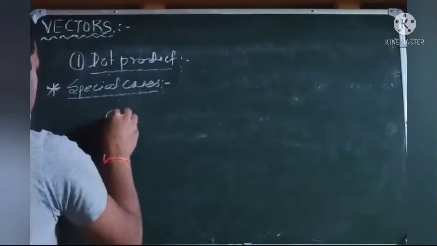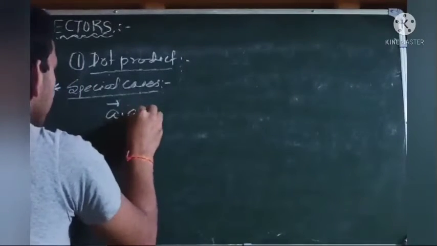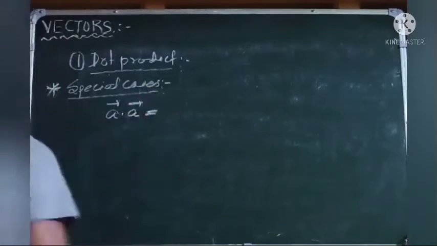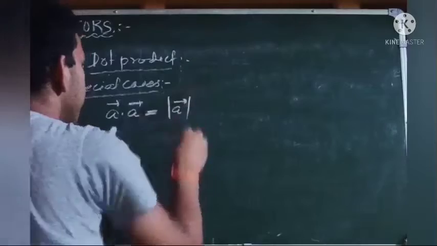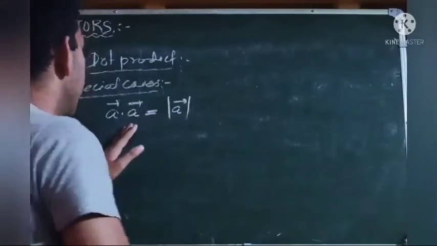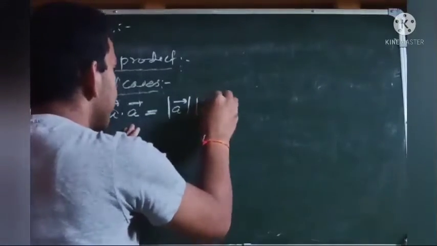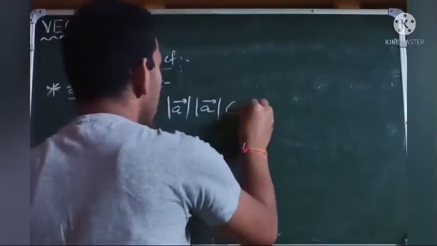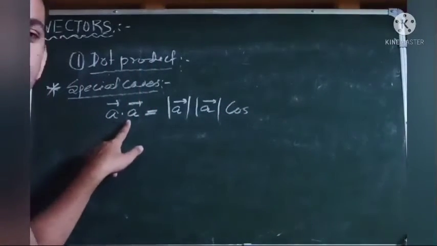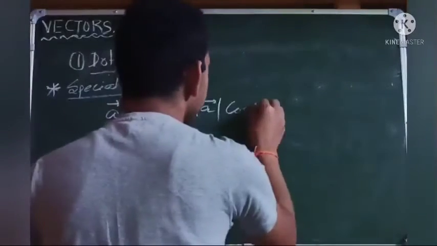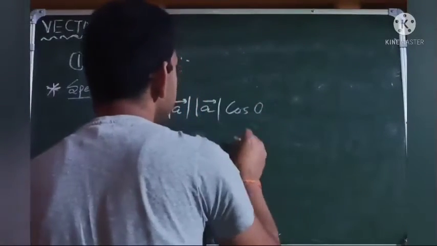That means a vector dotted with a vector. By definition, we get mod of a multiplied with mod of a multiplied with cos of the angle between the two vectors. The angle between a vector and a vector is going to be obviously 0. Cos 0 is 1.